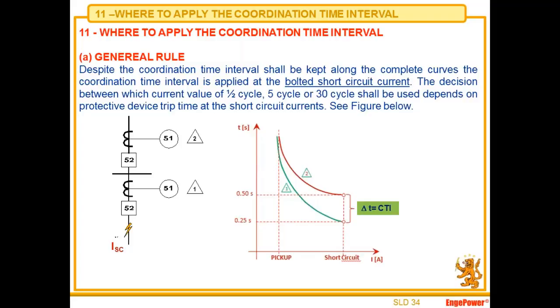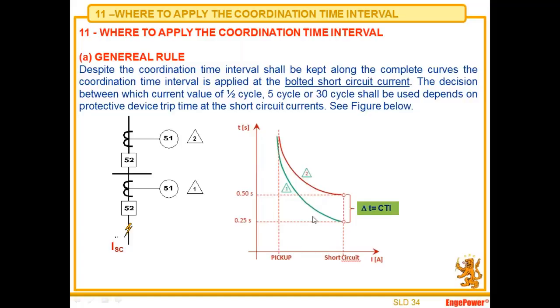One of the topics we are going to talk about here is the arcing current. And the arcing current is very special because normally it's about half of the bolted value or lower. So if we have half of the value, the time to trip takes longer.